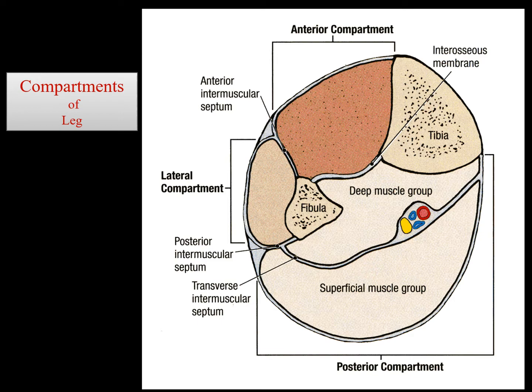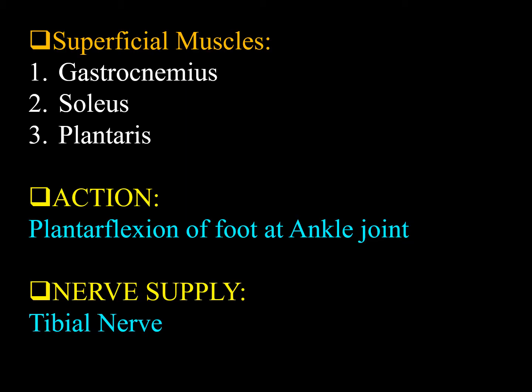We start with the superficial muscle group. There are three muscles which form the superficial group of the posterior compartment: gastrocnemius, soleus and plantaris. As a general rule, their action is plantar flexion of the foot at the ankle joint.